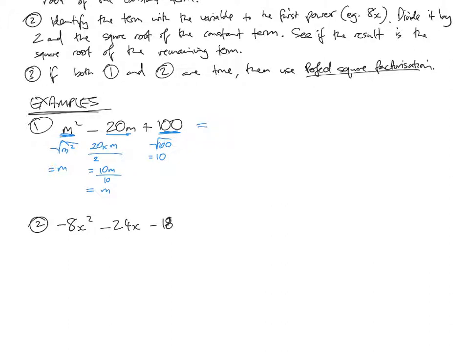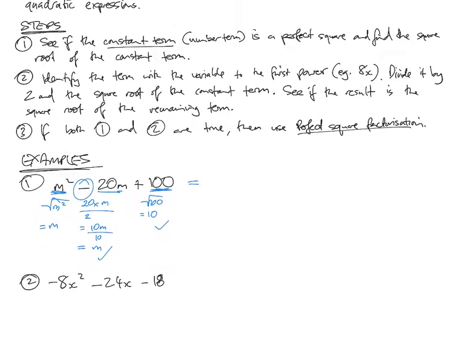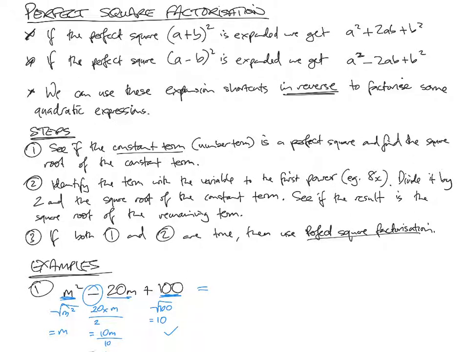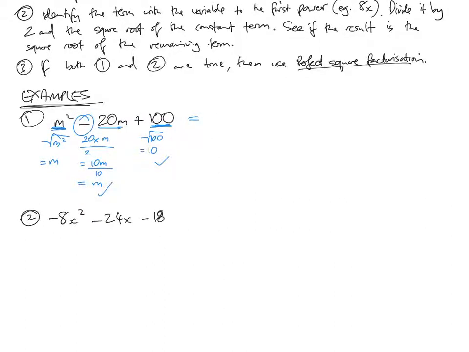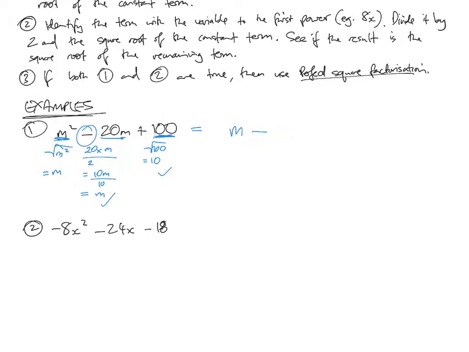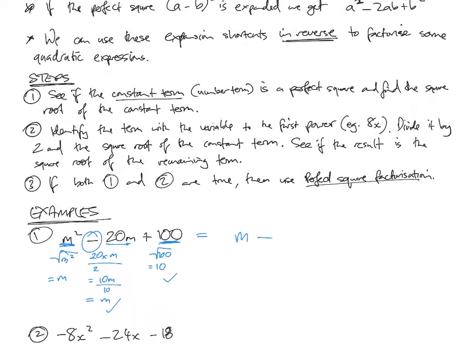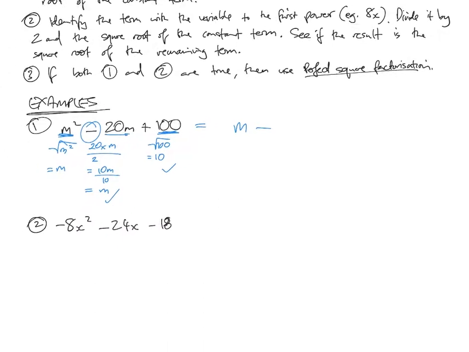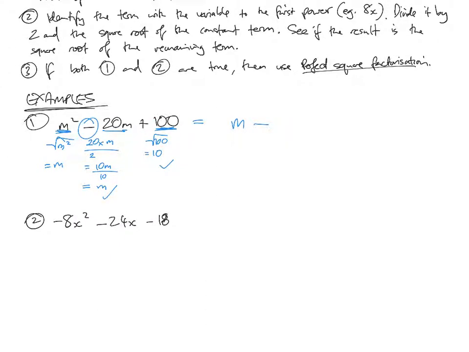So if both 1 and 2 are true, which we found here, then you can use perfect squares factorization. You notice that this is a minus, so it must be the minus version of the shortcut, this one here. So our a in this case is m, and our b in this case is the square root of the constant term, which is 10.